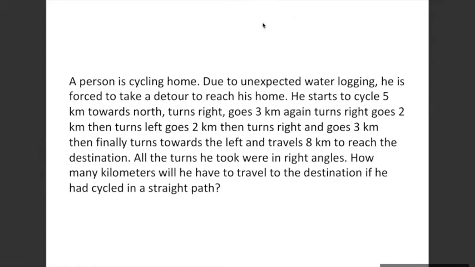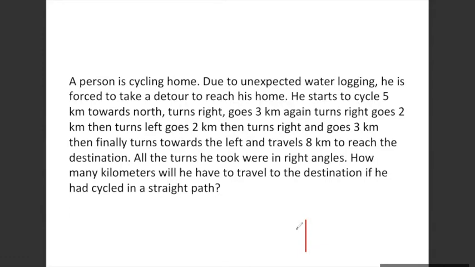So let's start. This person is cycling. Due to unexpected waterlogging, he is forced to take a detour to reach his home. He starts to cycle 5 kilometers towards north. So this person travels 5 kilometers towards north.